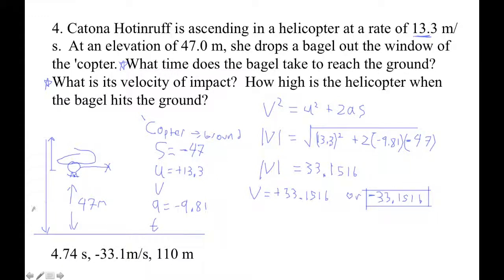This has to be the answer. When it hits the ground, the velocity is definitely negative. So we have to make a little judgment here. I don't know what the other one means, but this is the correct answer. Normally we just say, let's use the positive. Here we choose the negative because when that bagel hits the ground, it's moving down, and negative means down.